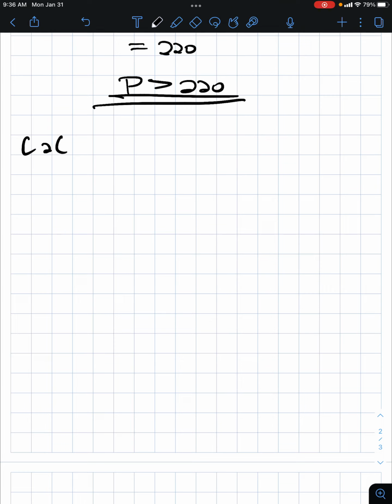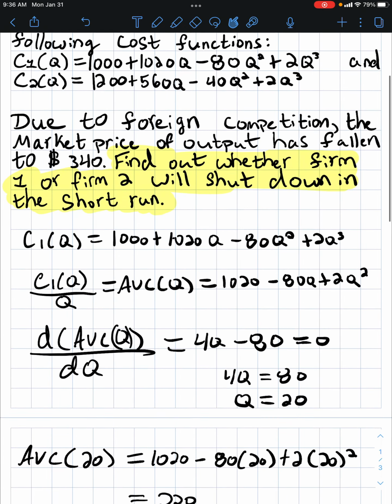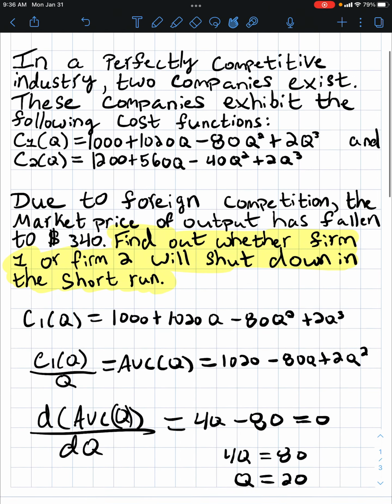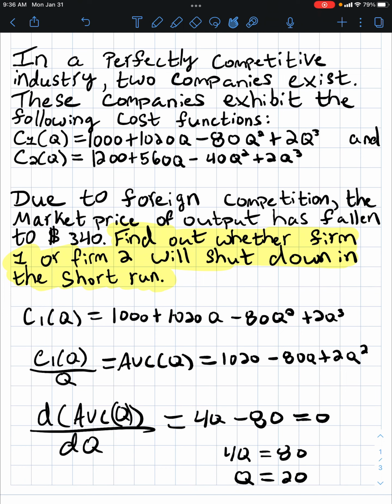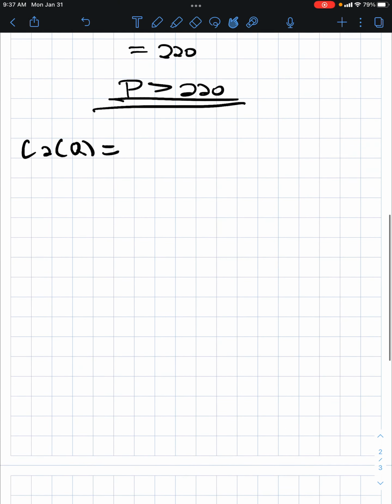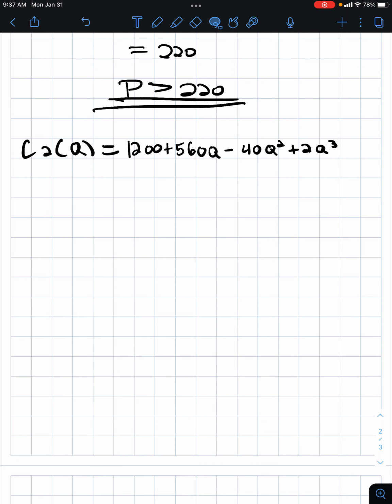So firm 2 had a cost function of 1200 plus 560Q minus 40Q squared plus 2Q to the third.